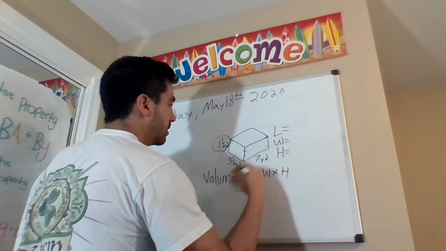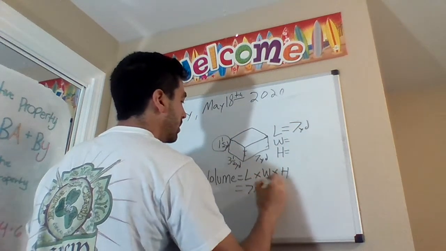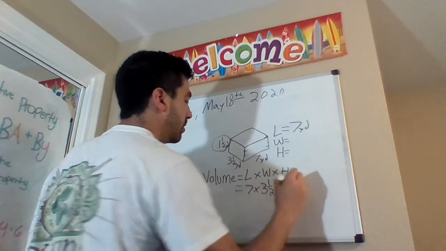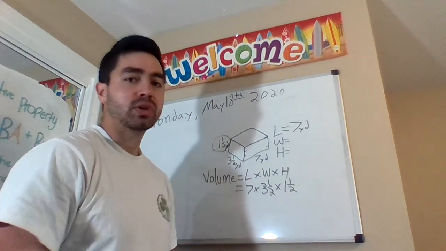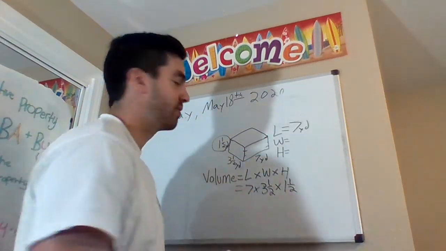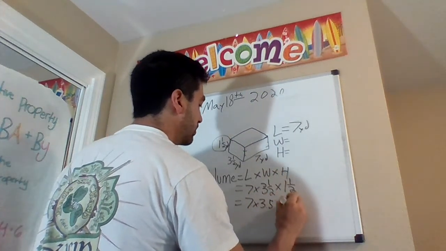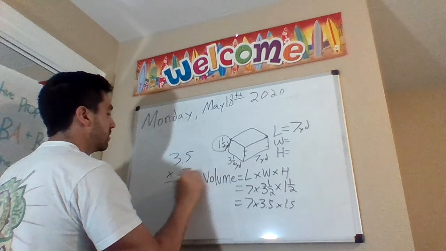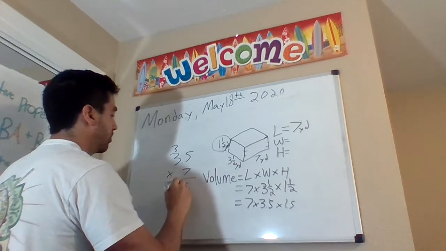So it's length, we're going to say, is 7 times 3.5 times 1.5. One way to make this problem a lot easier, convert this to decimals. What's 1/2 as a decimal? It's 0.5. So we have 7 times 3.5 times 1.5. So 3.5 times 7 is 24.5.